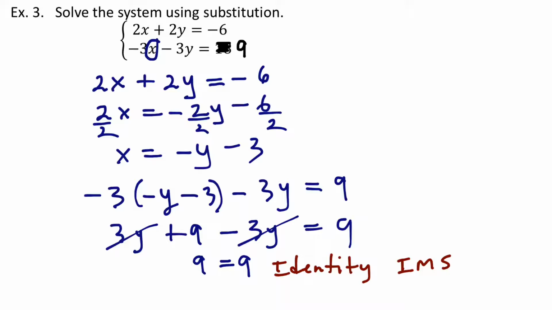So graphically, that's the case where your lines are actually lying right on top of each other, and one is in just a different form. But if you figured out what to multiply it with, you would be able to reduce it to the same numbers as the other equation. So when that happens, any point that is a solution to one of the equations automatically is going to be a solution to the other equation. So in that case, we have infinitely many solutions.